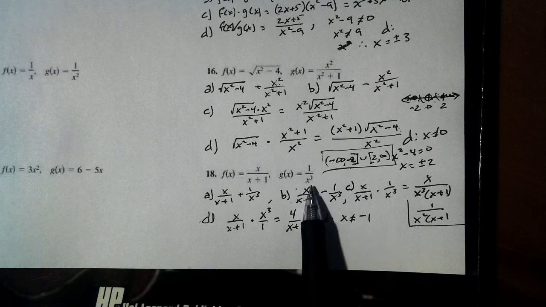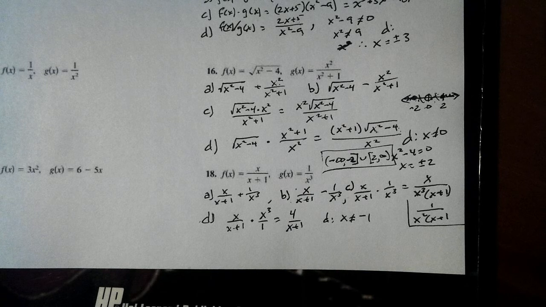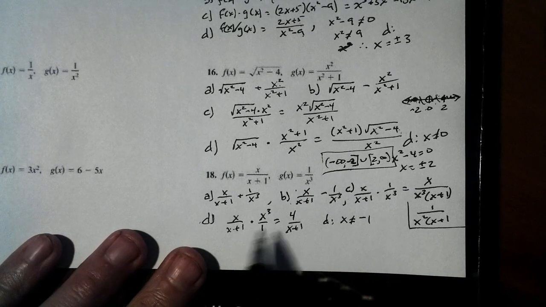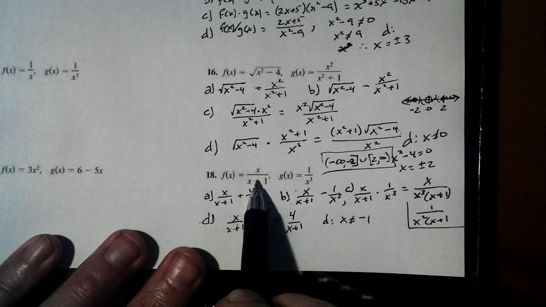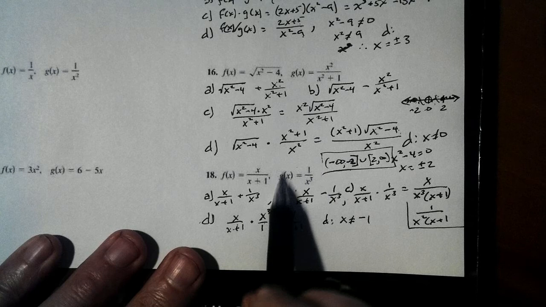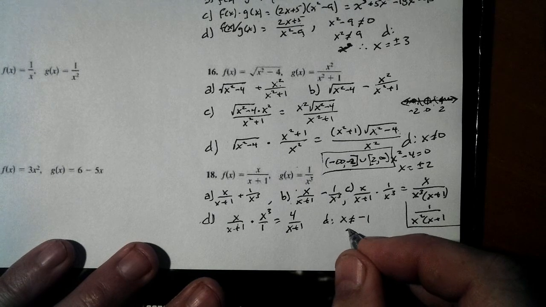Now, g initially, x cubed couldn't be 0. Is that an issue for us? Well, we still have to be able to take this times this. We still have to be able to take this divided by this. So g being 0, that's a discussion that we're going to have as we move on.